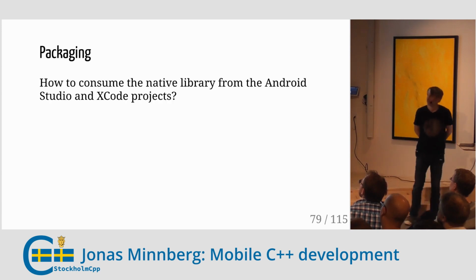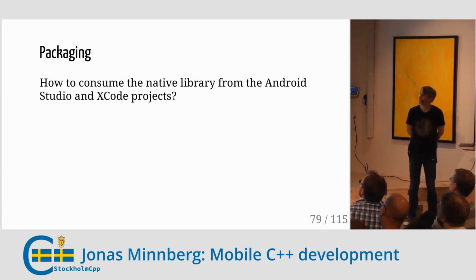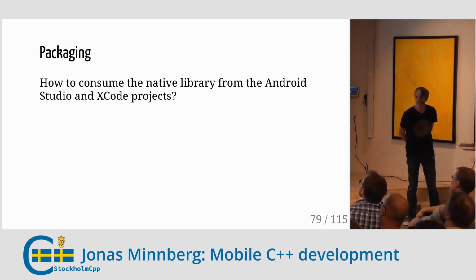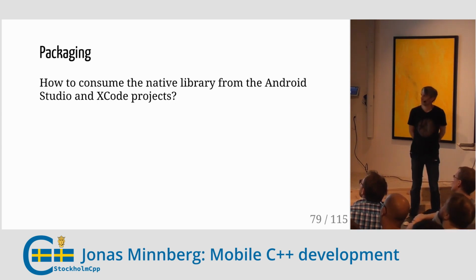So packaging, this is the more mobile-related part of this. You built a native library, but you still need to consume it. In our case we have apps written in Swift and for Android, and you need to consume this code somehow. And it gets a bit tricky.